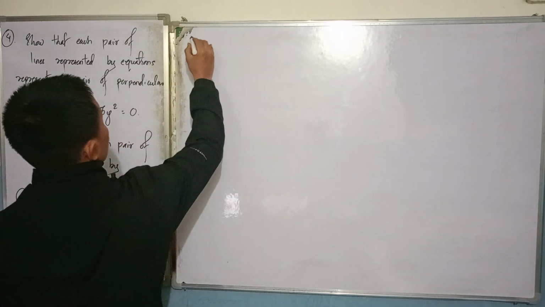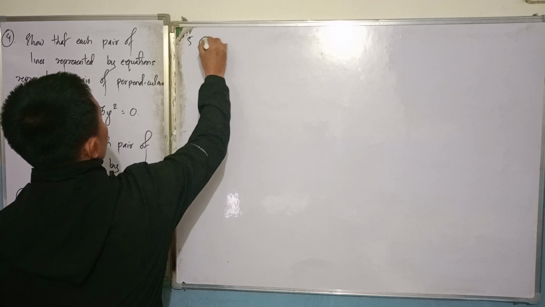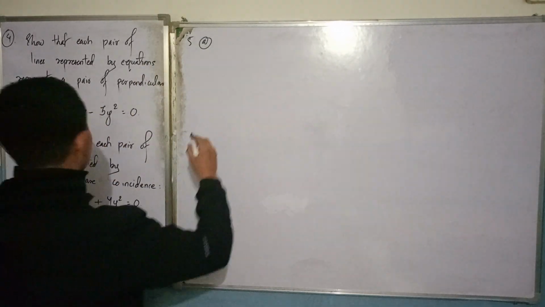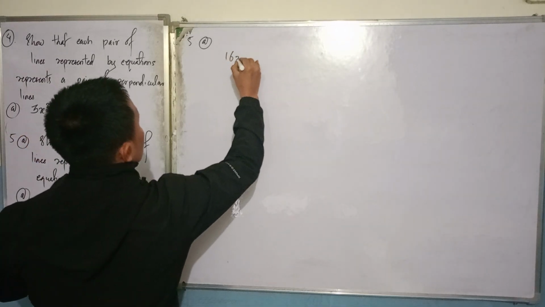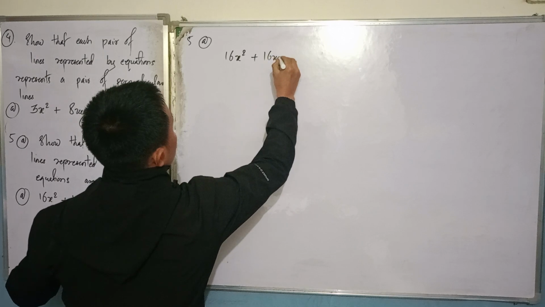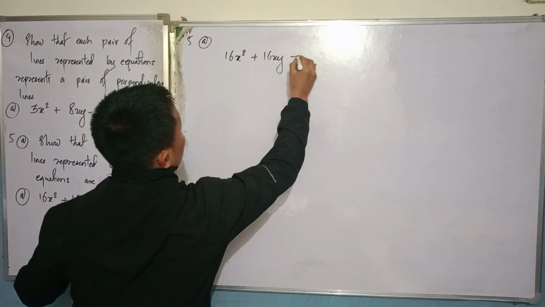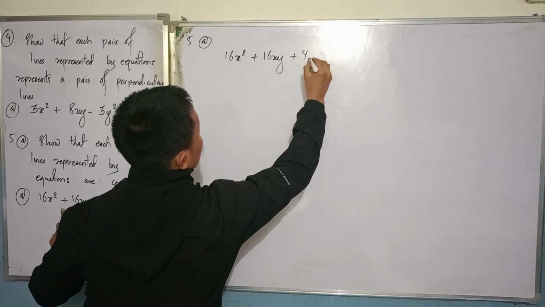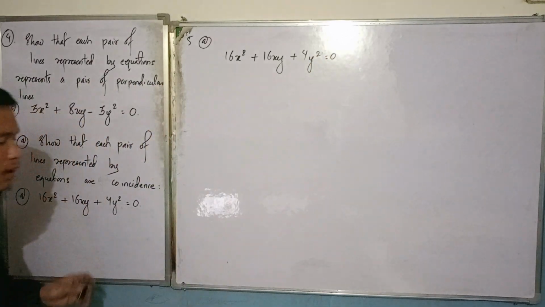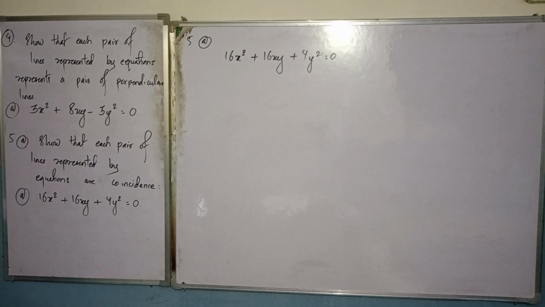5a. In 5a you have to prove the lines represented by this. Here we have the single equation given here. For this also I'll try to do it both ways.